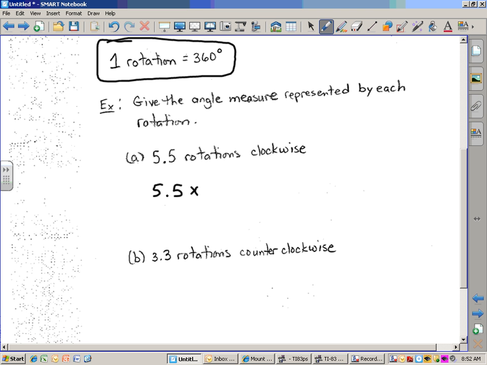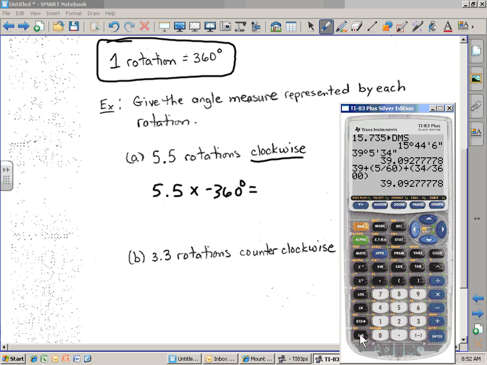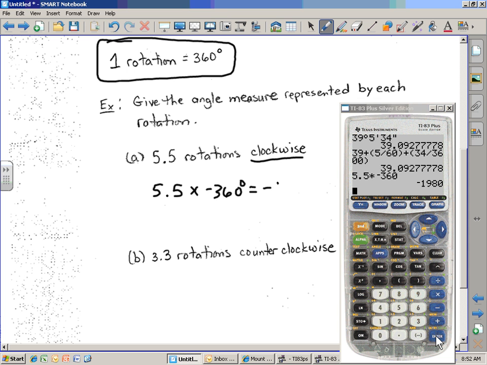Now we have to be careful here, because clockwise is a direction. Clockwise is in the negative direction, so this is going to multiply by negative 360. So 5.5 times 360, negative, is negative 1980 degrees.